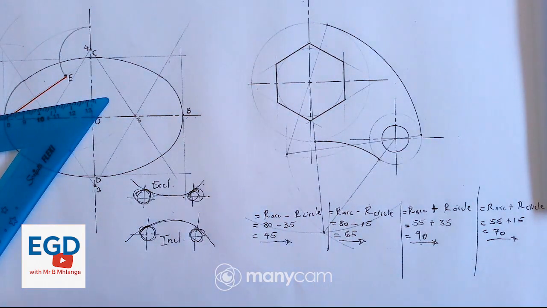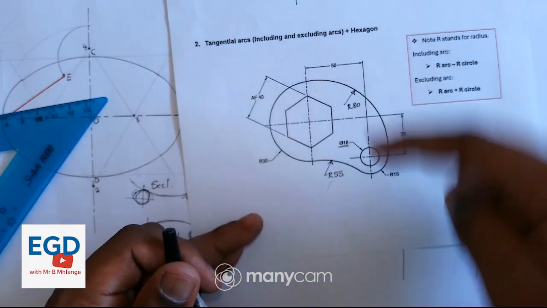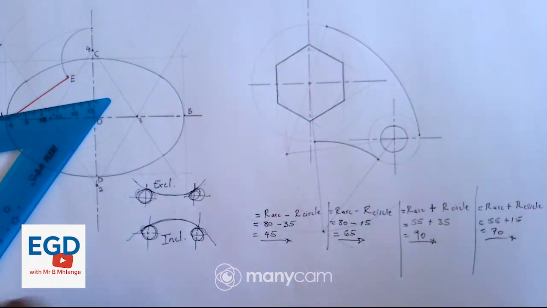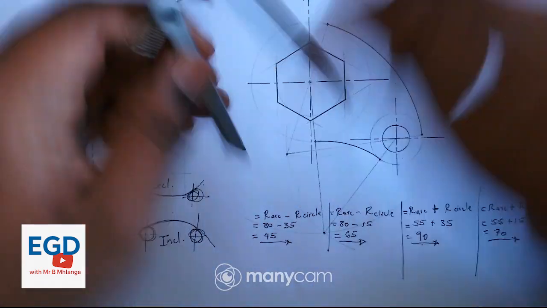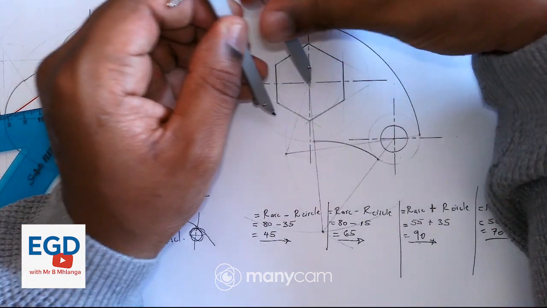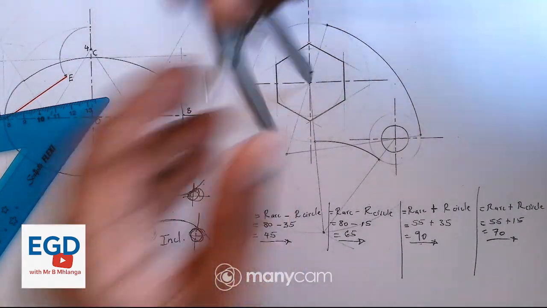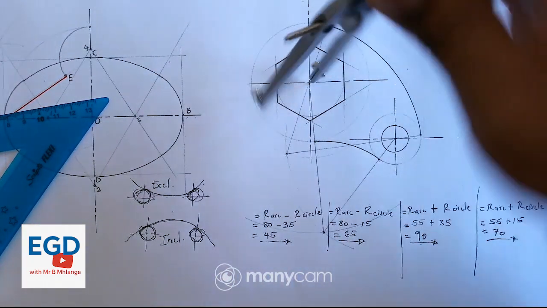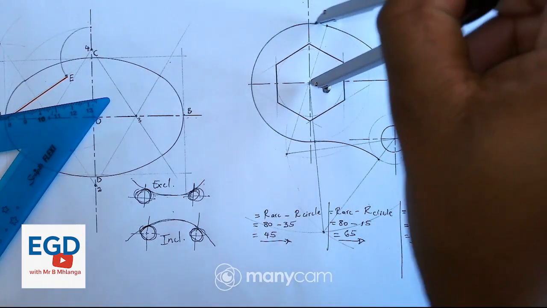Okay, so now I can just complete my figure. Obviously I have to draw this arc and this arc this side. So now because I have the two arcs, now I can just complete my figure. So I'll just put my compass at the center point there, open my compass to that point. Obviously that point must go straight to that point up there, like that.